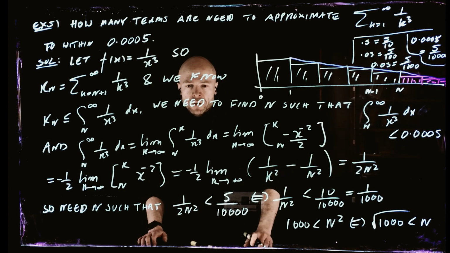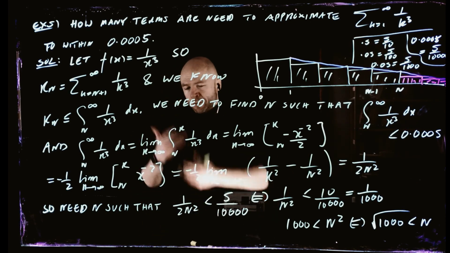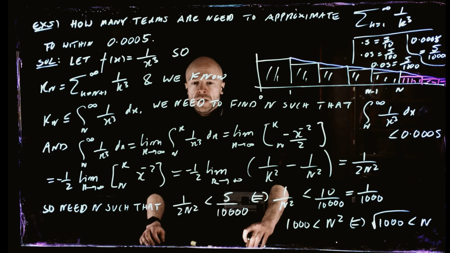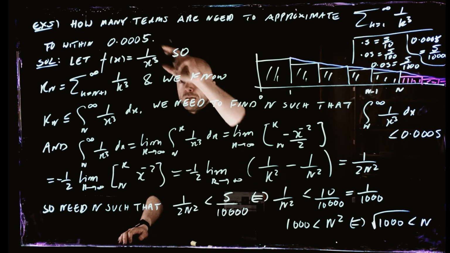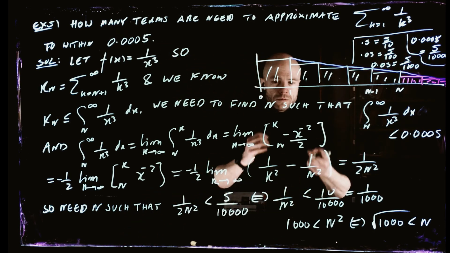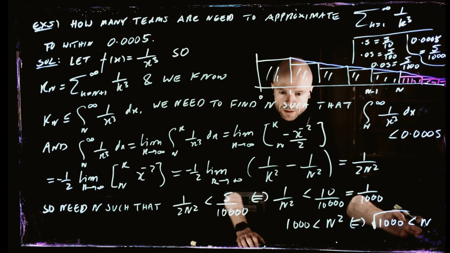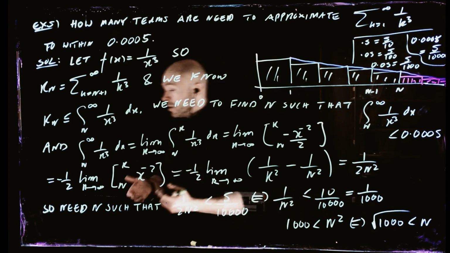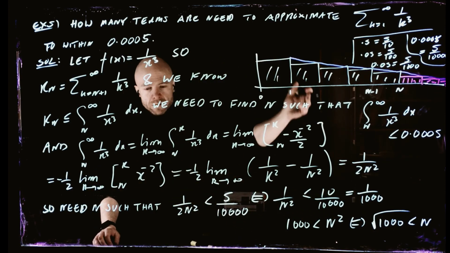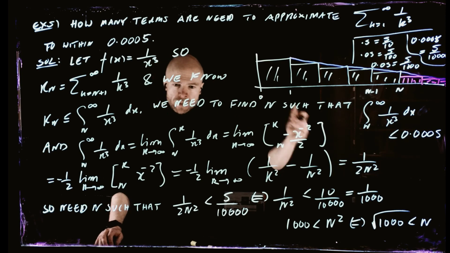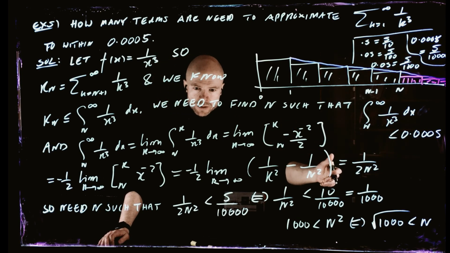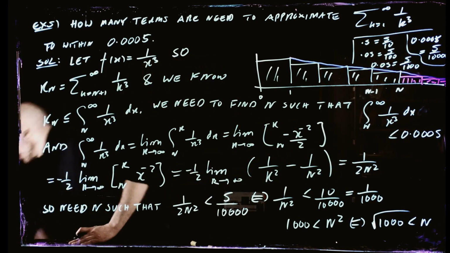But for practical purposes, this would be more computer time, more cost. The customer has asked us for this level of precision. We want to do this as economically as possible. So we want to find the smallest integer for which this is true. It's no good to find just any n that will do this. You have to find the smallest natural number that will do this. We don't want to do more summing than we actually need.